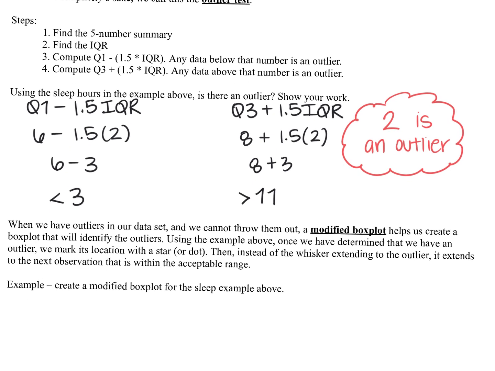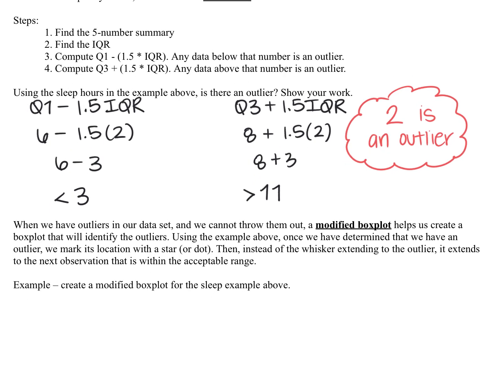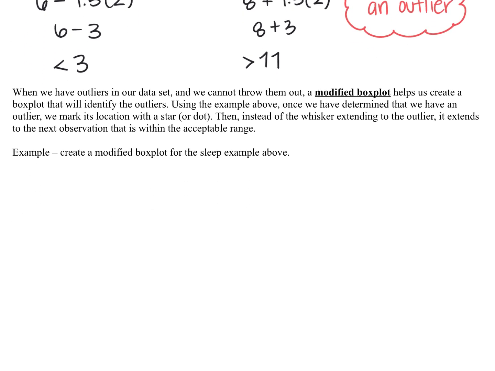The nice thing about box plots is you can create a box plot that identifies the outliers, and you can look at the box plot in a modified way to identify your outliers and see a better distribution. To create a modified box plot, it starts off the same as a regular box plot.